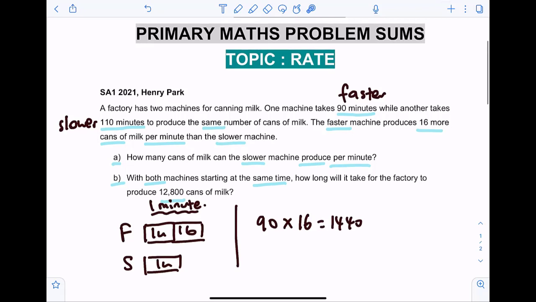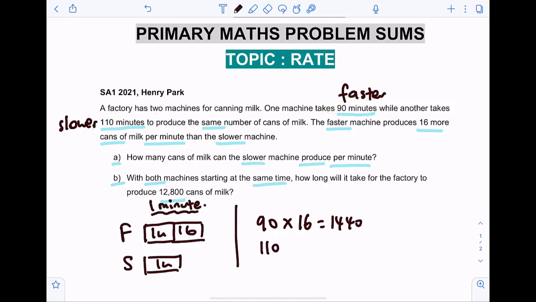These extra cans of milk already produced by the faster machine, the slower machine still has to produce, because at the end they must produce the same number of cans. So this 1440, which is already produced by the faster one but not by the slower one, still has to be produced in the next 20 minutes.